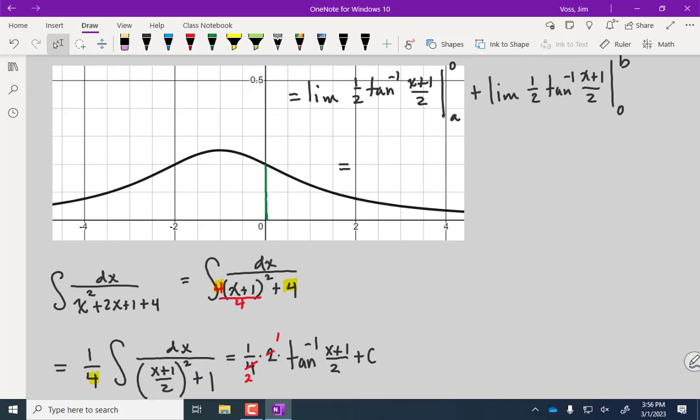Okay, so the 1/2, let's pull that out to the front. So 1/2 limit, and this one is as a goes to negative infinity, and then we're going to have arctangent of 1/2 minus arctangent of a plus 1 over 2.